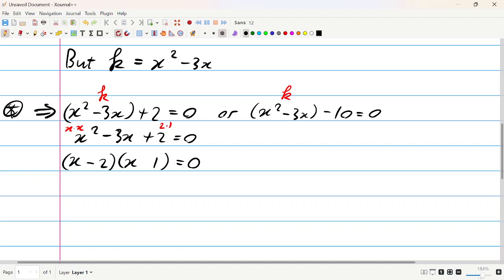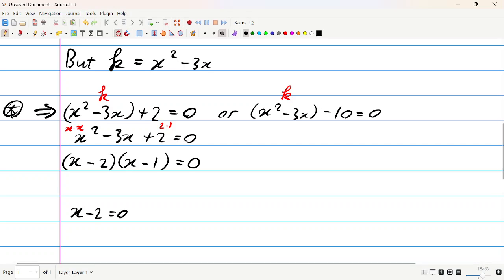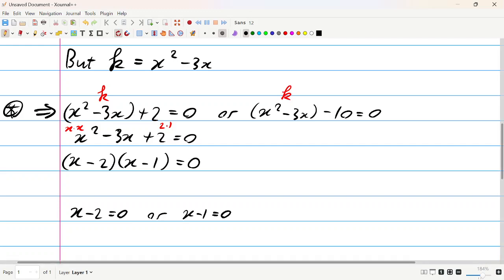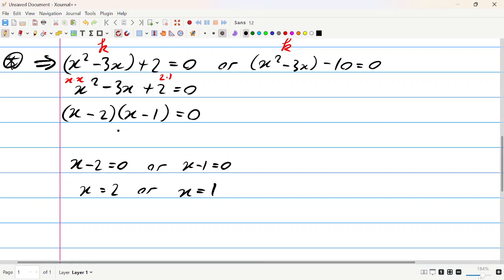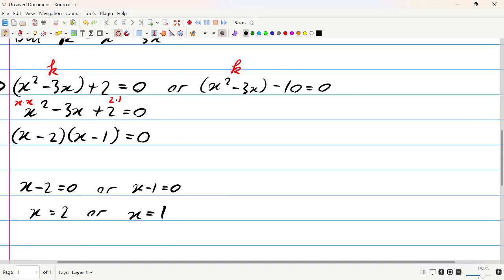Positive and a negative gives us a negative, which goes to the remainder. And then therefore, what that implies to us is that x minus 2 is either equal to 0, or x minus 1 is equal to 0. And then from here, x is equal to 2, or x is equal to 1. Jeez, we have so many x values we're solving for here.